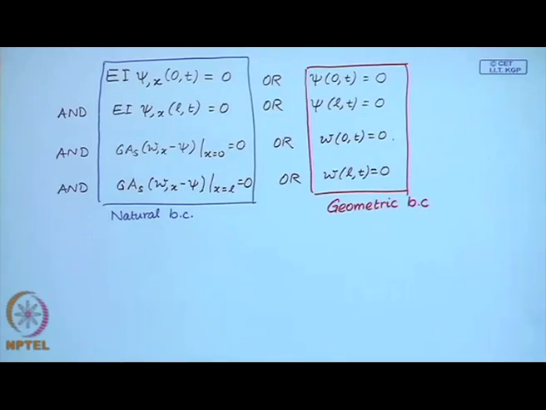Now, this Timoshenko beam still makes an assumption that the cross section which was plane before deflection remains plane, though it need not remain perpendicular to the neutral fibers.